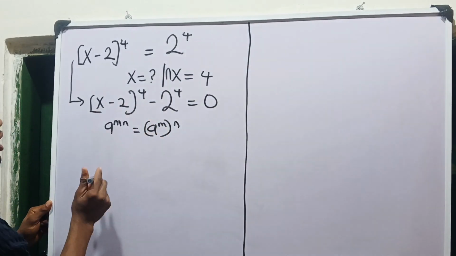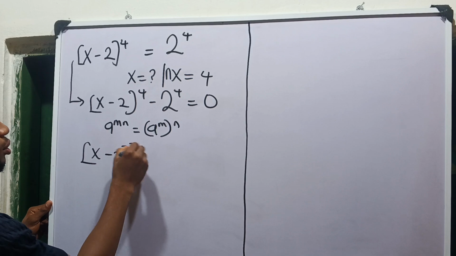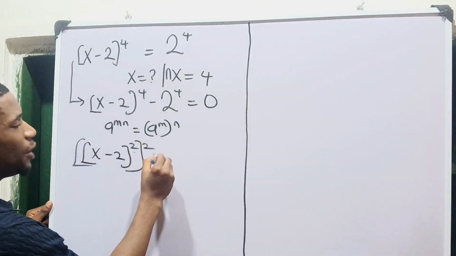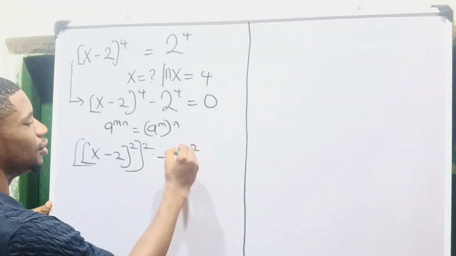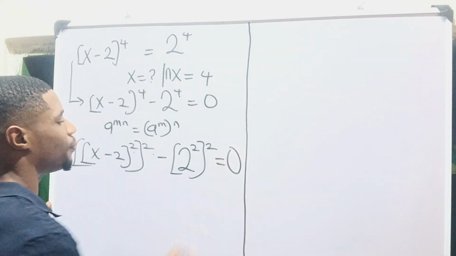Applying this law, we have ((x - 2)^2)^2 - (2^2)^2 = 0, because 2 times 2 is 4.